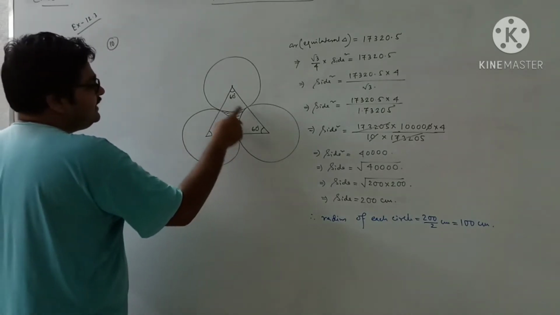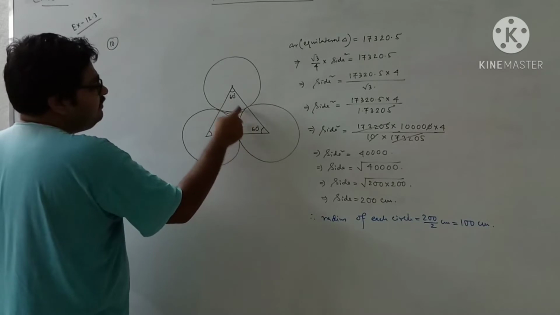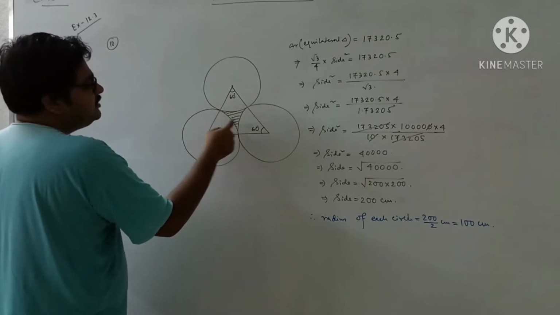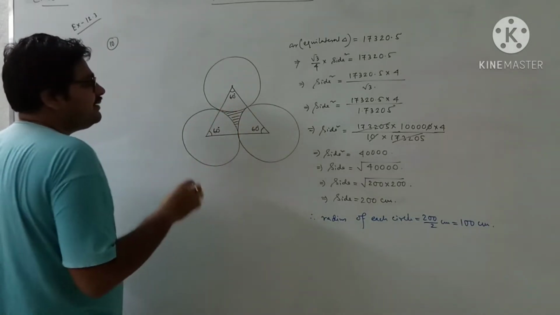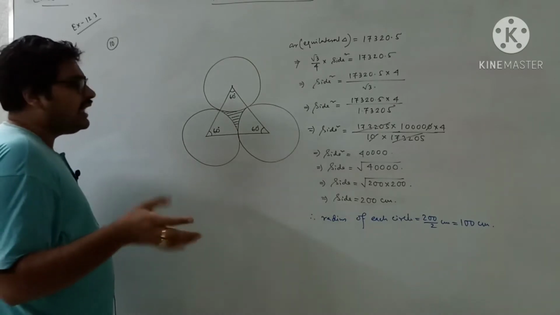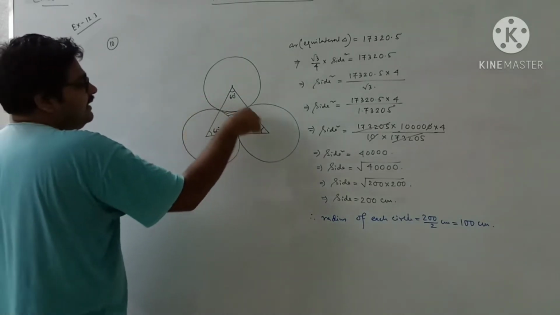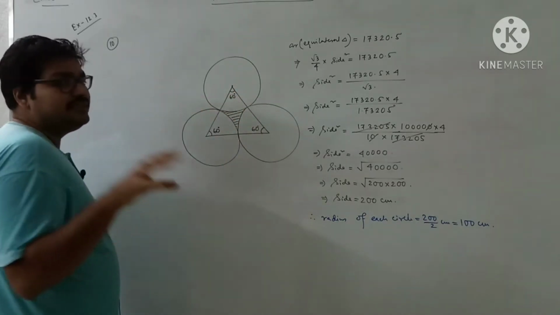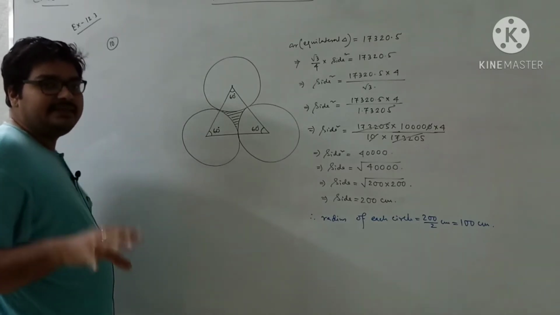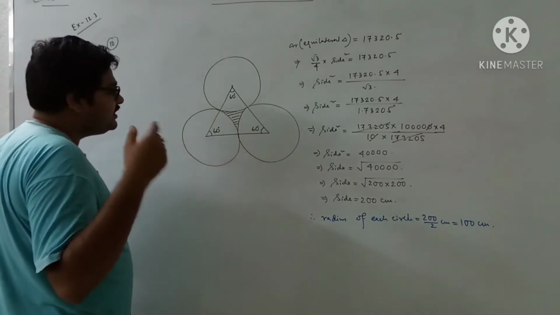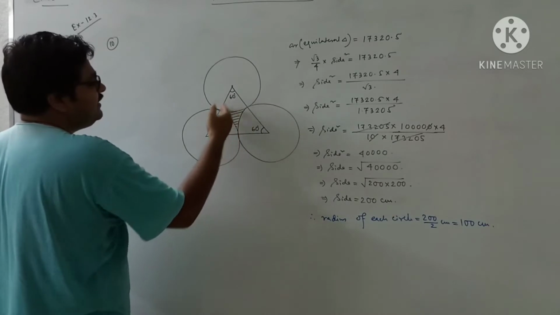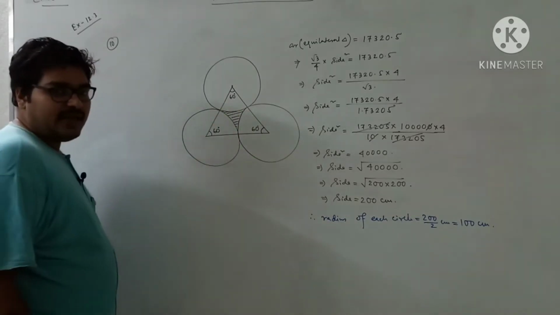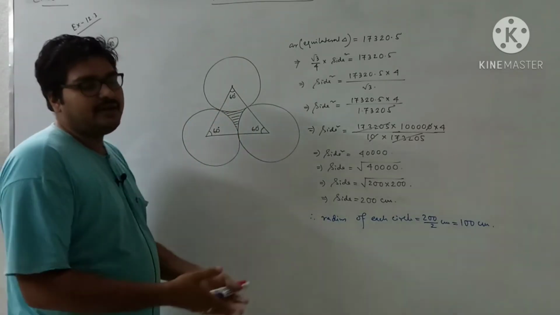And each of these 3 sectors has the sectorial angle 60 degrees. So if I add these 3 angles, it comes to 180 degrees. So directly, if I subtract from this triangle a sector whose sectorial angle is 180 degrees, then I am just subtracting these 3 sectors added together. I will do it like that only.